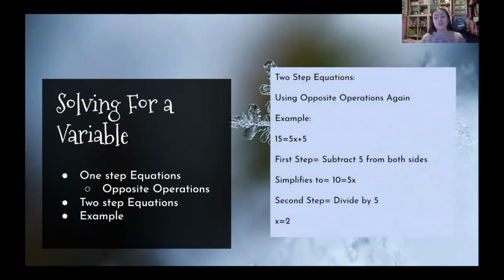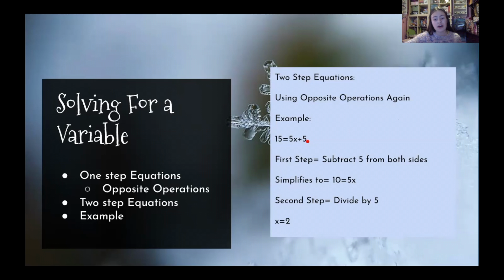Okay, two step equations. Using opposite operations again, we are going to do it. Sorry about that noise. Here's an example. The example sort of justifies it and explains it. The first thing you do in this case is you subtract or add the number outside that's not attached to the variable.